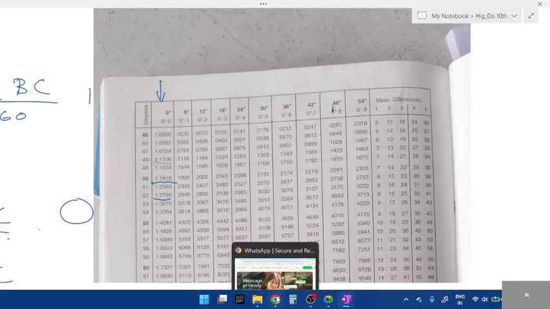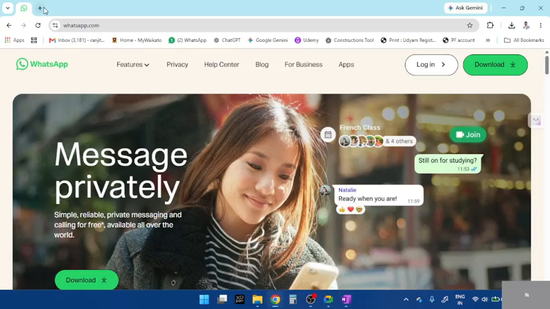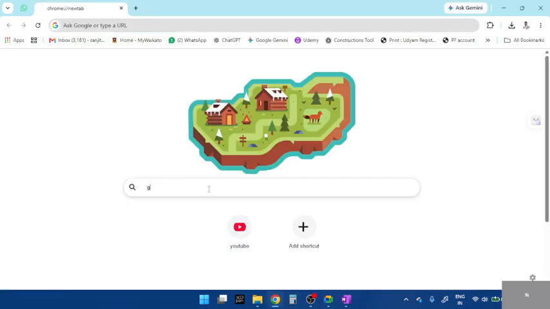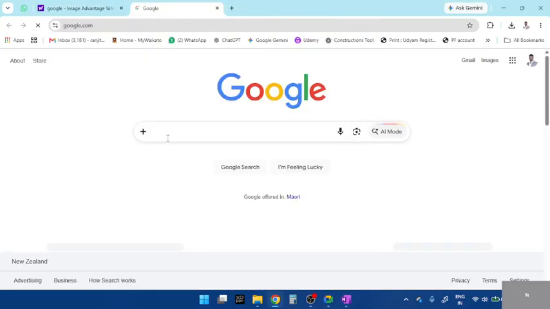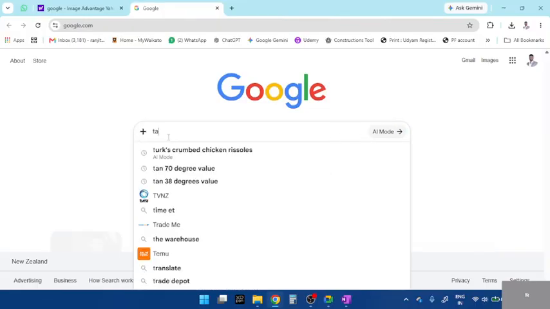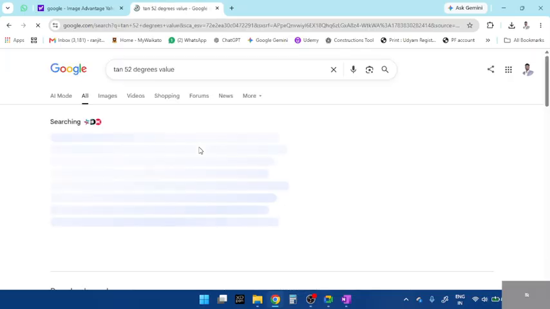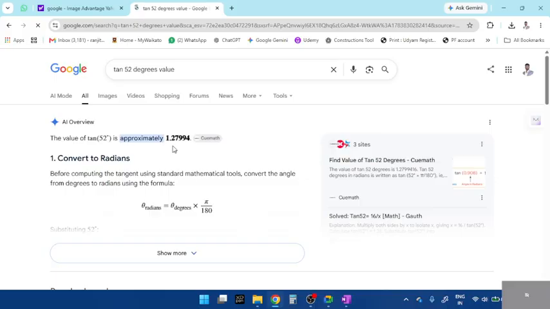Tan 52 is 1.2799. Can you see here? 1.2799. Is that the answer?